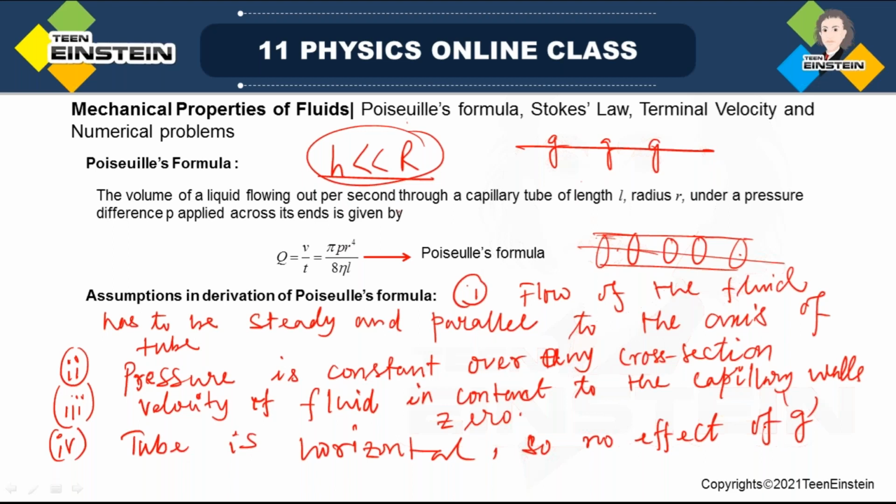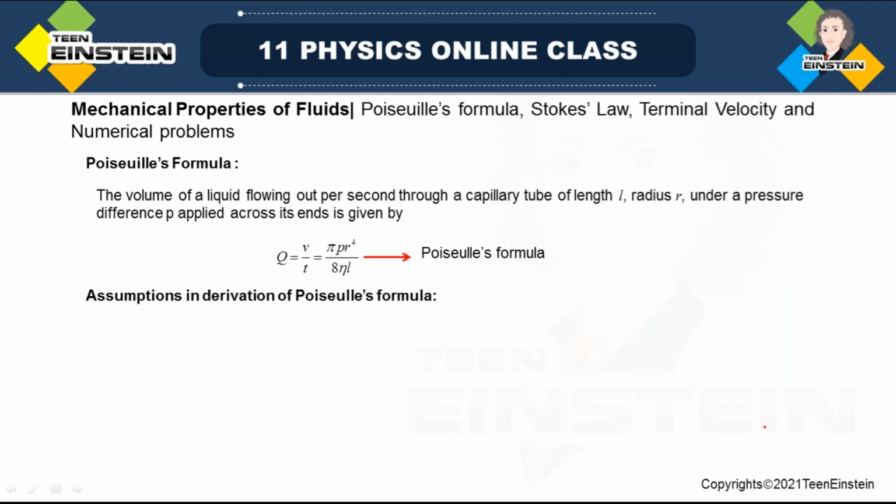Then pressure at any cross section has to be the same. Then velocity of the fluid in contact has to be zero, and the tube has to be horizontal so that no effect of g will be there. So these are the assumptions. We'll remove this. Now we'll derive the formula.